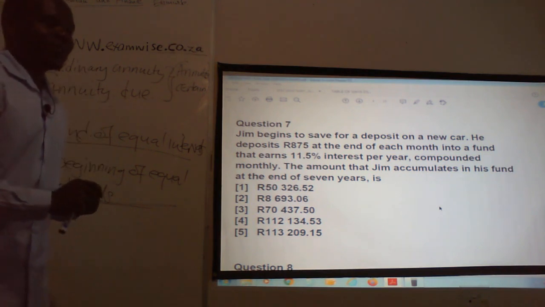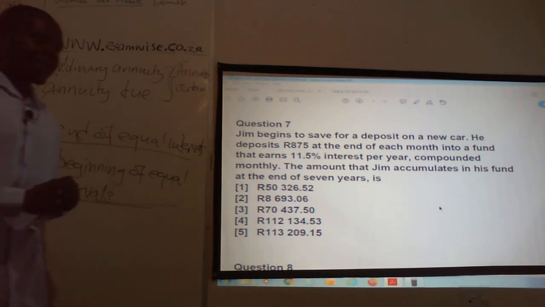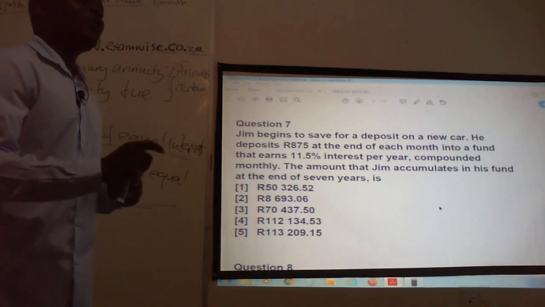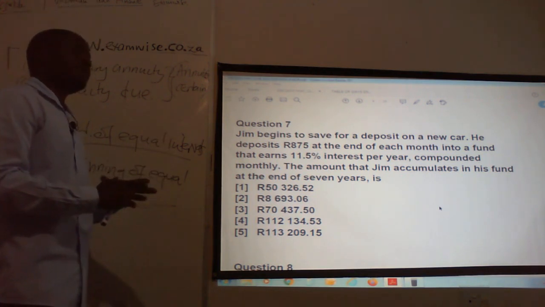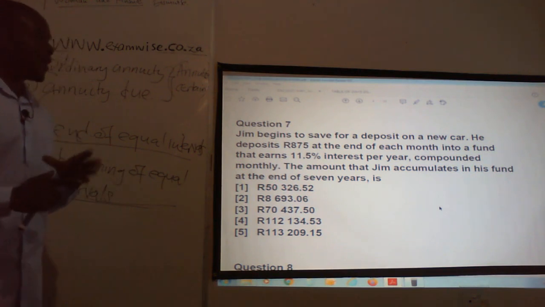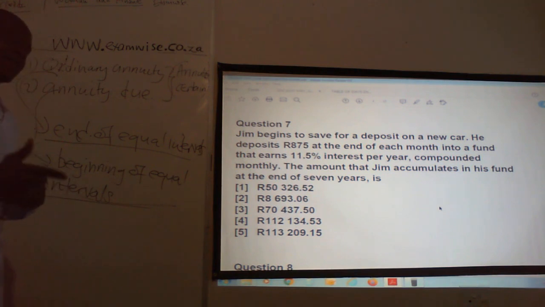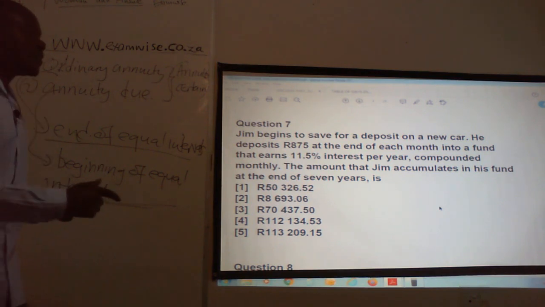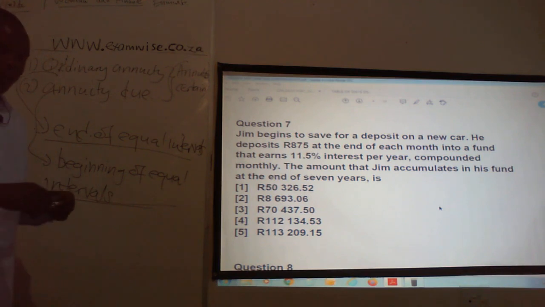One tip which I want to give you for exam purposes or for the purpose of this module: if the question is not clear or not specific about whether the payment is made at the beginning or at the end, the assumption is that the payments are made at the end of equal intervals.